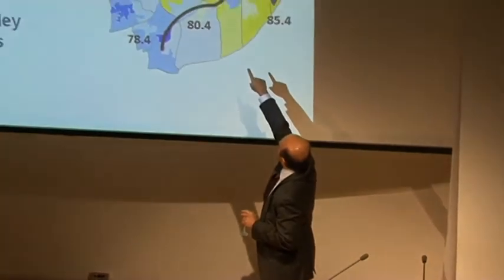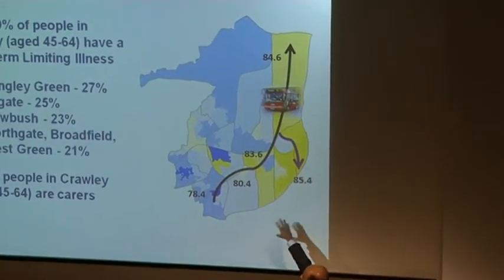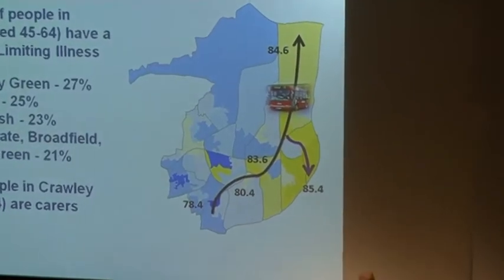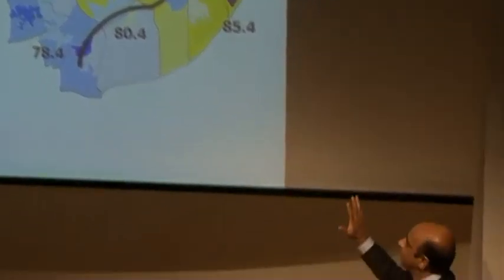You go through Furness Glen, you get 3 years. You get to Pound Hill, you get another year. You don't have to sit on the bus to do it. You have to live there. But if you take a right turn at Three Bridges and go into Maidenbower, you get another year. So within 3 miles, there's a 7-year gap in people. And Crawley is a new town. It doesn't look deprived. But that's what happens in health inequalities.